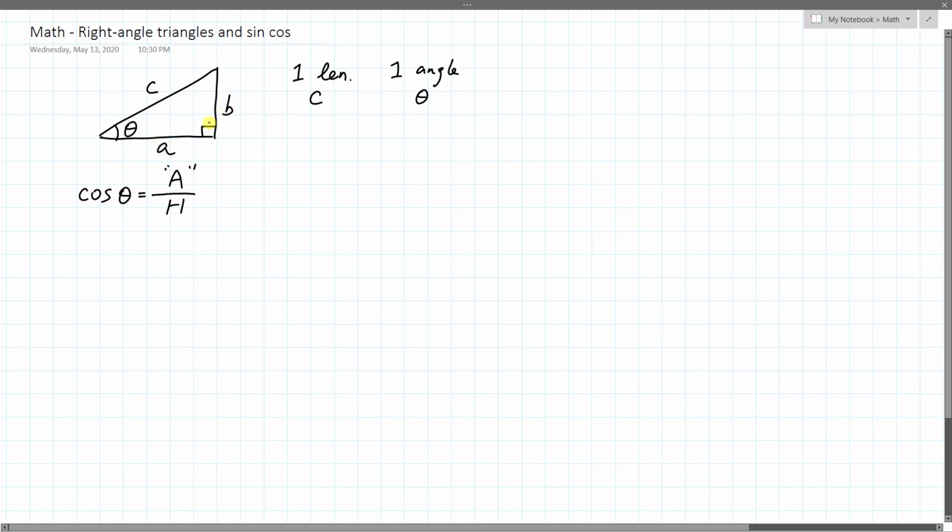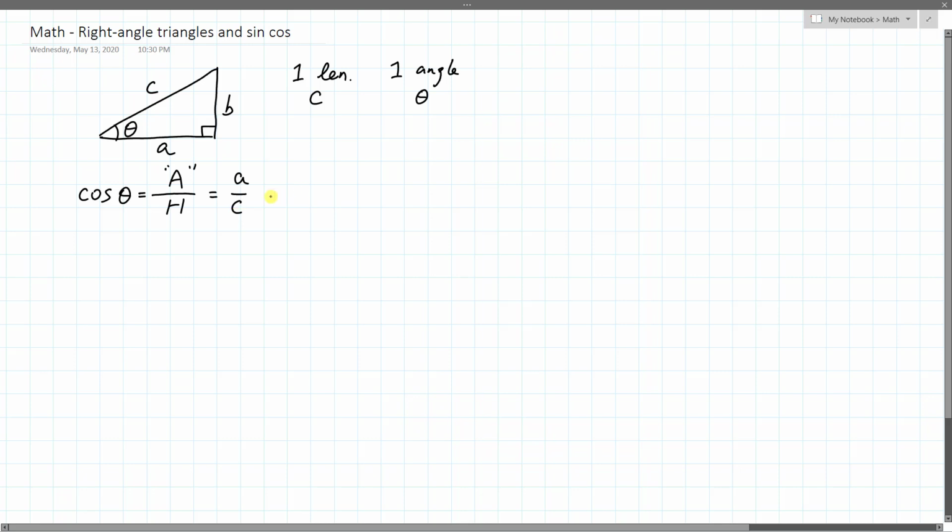It depends on which angle we're concerned with. So if we're concerned with this angle, then A is the adjacent, B will be the opposite. So cosine is adjacent over hypotenuse, and in our example, the adjacent is A, hypotenuse is C. So now we know cosine theta is A over C.